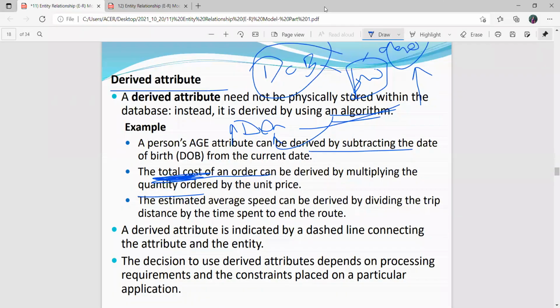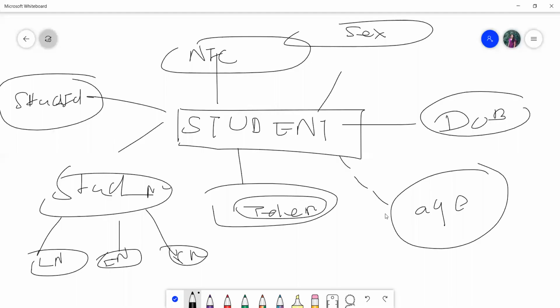You can see what is the primary key of this ER diagram. Can you identify the primary key? Student ID. So what is the candidate key of this diagram? NIC. So what is the multi-valued attribute? Student telephone number.